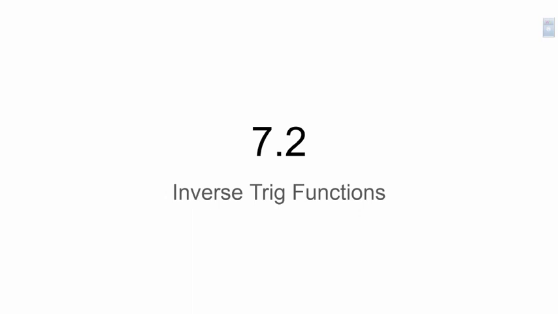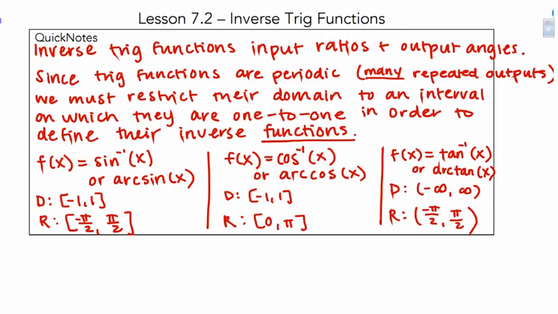Well, if you think about trig functions and their periodic behavior, that's not going to be easy to do with trig functions. Unless you specifically limit the domain in some way, you're not going to have an inverse of the trig functions that is also a function. So that's kind of what we're talking about with this section.